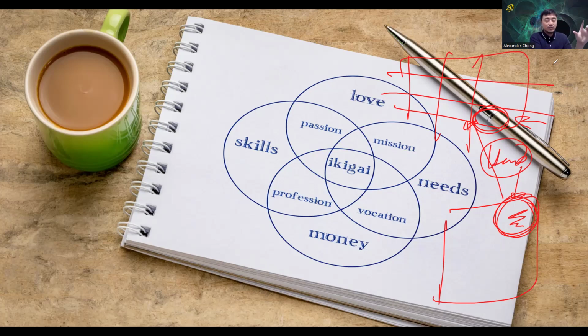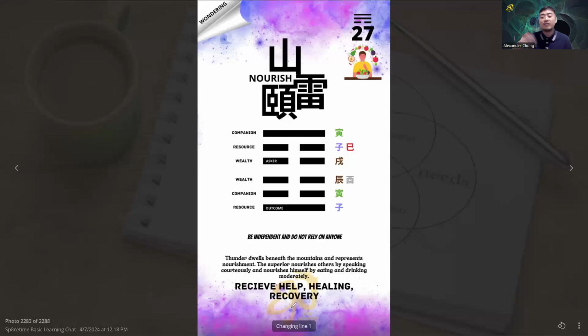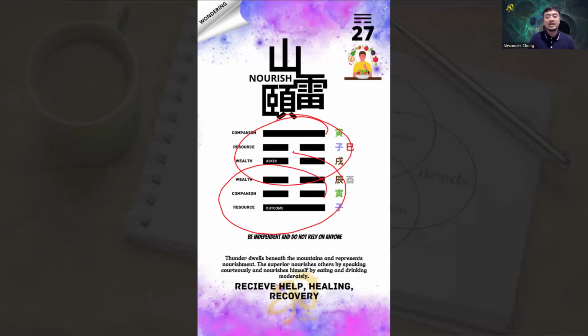So if you get upper trigram, lower trigram, and then you get a house square, because I don't want to confuse you even more, you have a lot of functions. It's not just for that. So here, here, and here have 3 different trigrams. This one is one trigram, this one is another trigram, this one is another trigram. So all these 3 trigrams are reflected in your house.